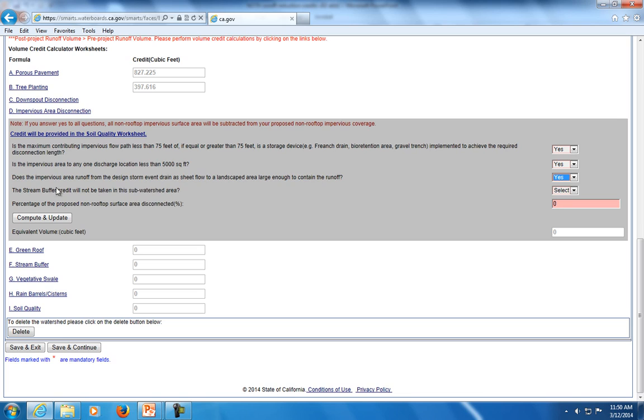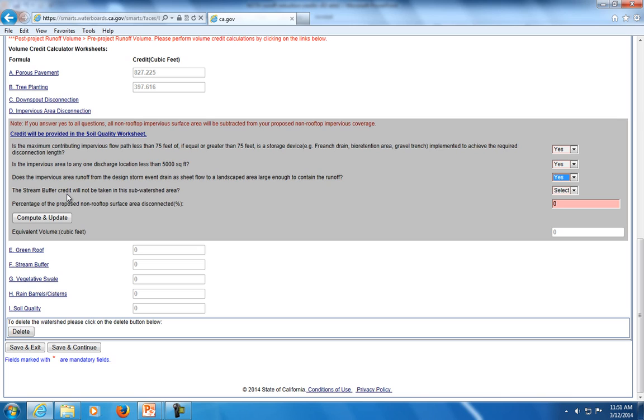The fourth question is, will the stream buffer credit... this is a little bit confusing, so you have to read this very carefully. It's sort of a double negative, but it's saying the stream buffer credit will not be taken in this sub-watershed area. What this is asking is, for the runoff that you want to deal with through this impervious area credit, are you also going to use a stream buffer to deal with that? What that's trying to do is prevent double counting. That's not to say you can't use the stream buffer elsewhere on the project.